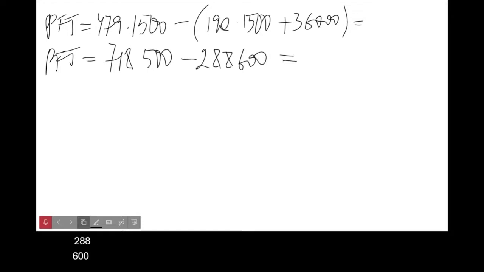So the difference is 429,900. Let me double check. For some reason it didn't work. Yeah, that's what it is. So profit.